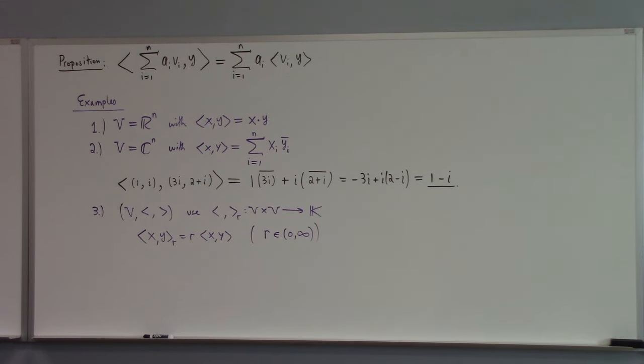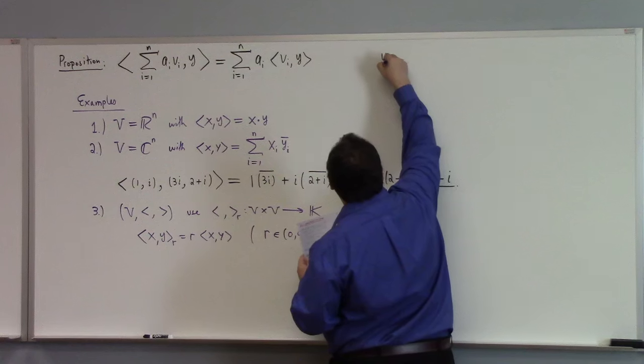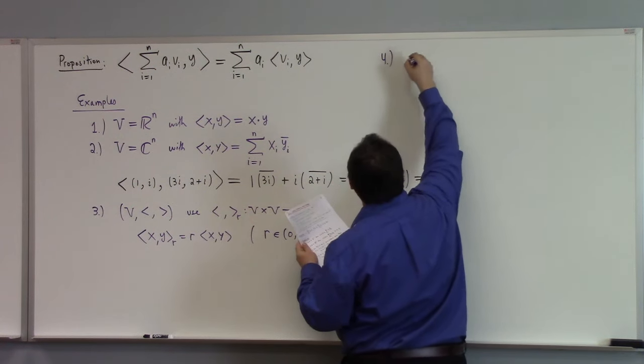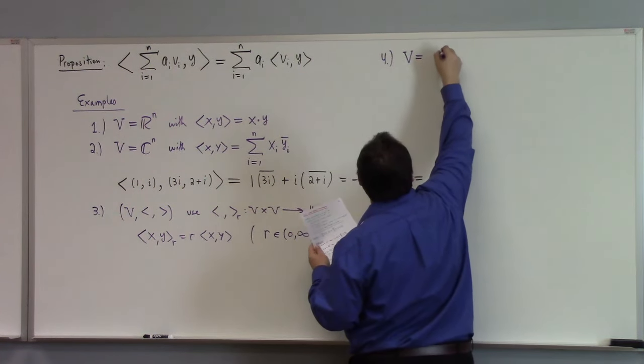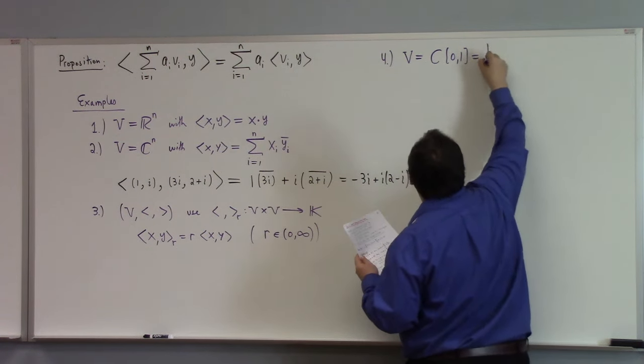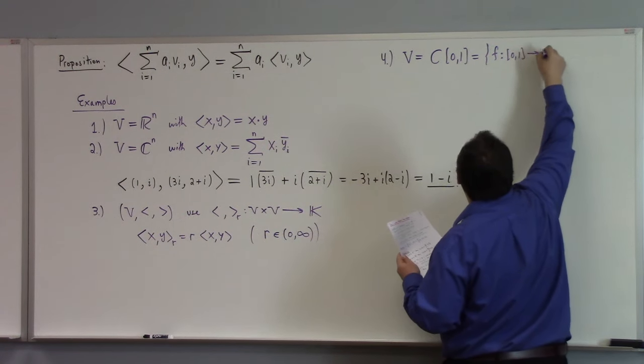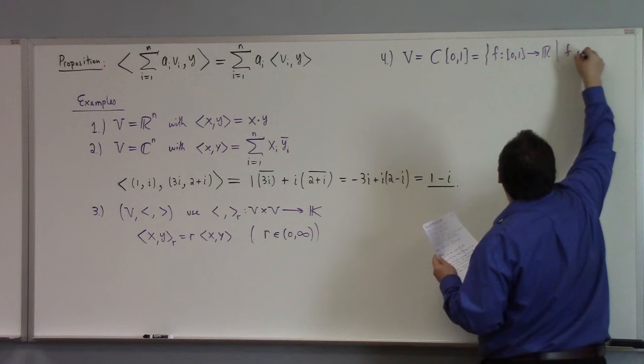Another important example, now this one starts to get a little bit weird, but don't worry, it's going to be okay. Take V equal to C[0,1]. What that is, is f mapping from [0,1] to the reals, f continuous.